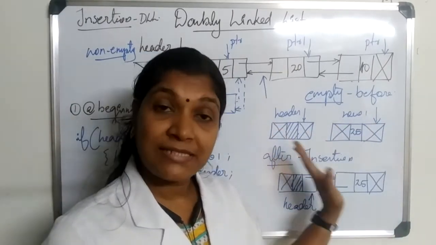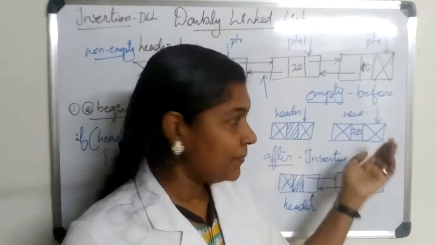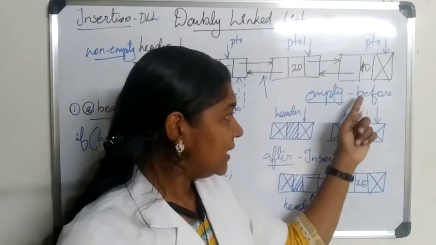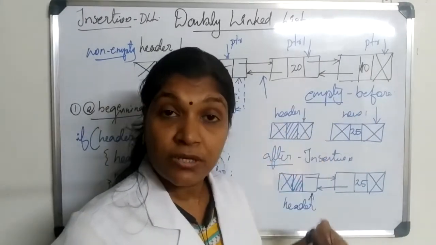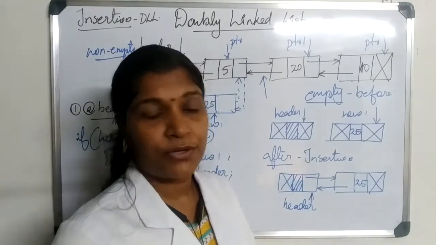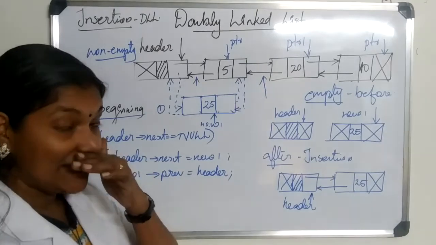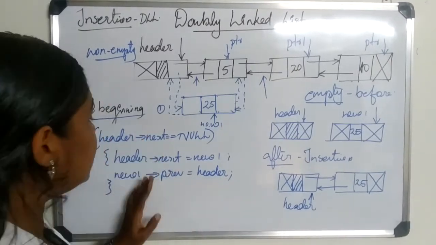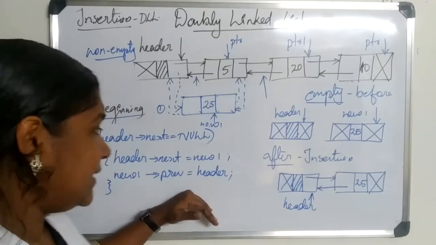So we write in the same order, that is header dot next is equal to new one. And by managing the previous link, we are going to use which pointer? New one dot previous. To which node? To the header node. So write in the same order, that is new one dot previous is equal to header. So this is the first part, that is insert into an empty linked list.